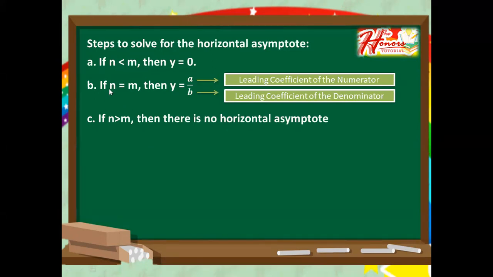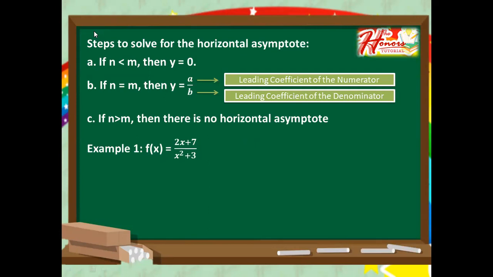Letter B, if n is equal to m, then y is equal to a over b, where a is the leading coefficient of the numerator and b is the leading coefficient of the denominator. So for letter C, if n is greater than m, then there is no horizontal asymptote.